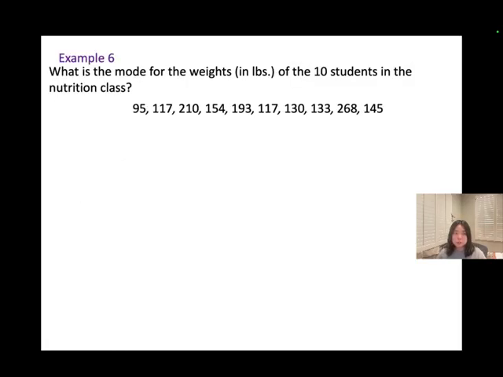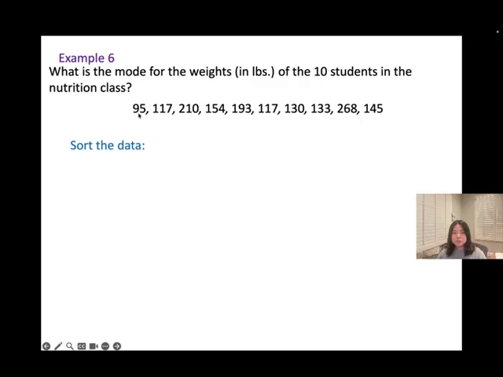Let's look at this example. What is the mode for the weight in pounds of the 10 students in the nutrition class? So mode means you want to find the most frequent data. So first, let's sort the data. Okay, write the smallest one first.